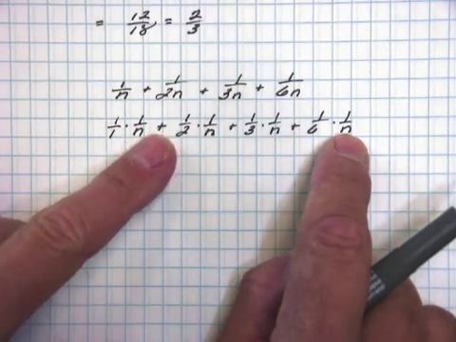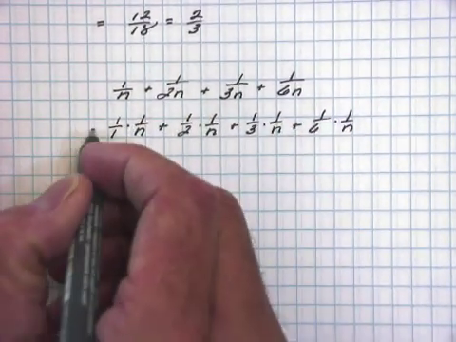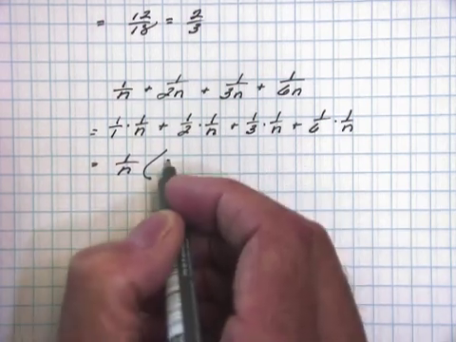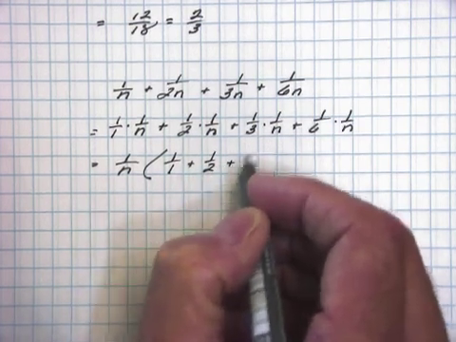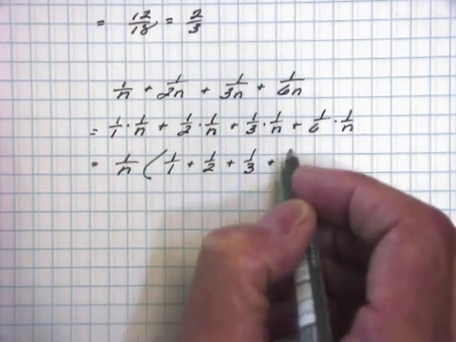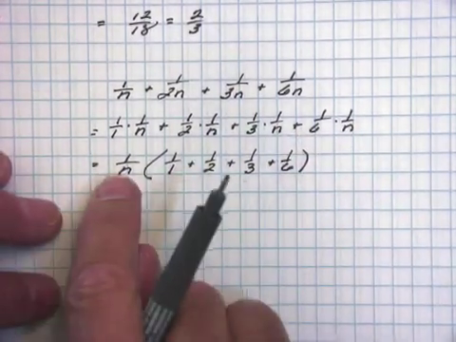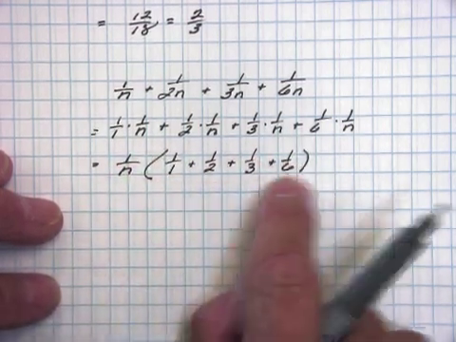Notice that what's common in each one of these terms, the terms are separated by the addition sign, is 1 over n. So I'm going to do what's called factoring that out. I'm going to pull that out, and I've got 1 over n times, what's left behind is 1 over 1 plus 1 over 2 plus 1 over 3 plus 1 over 6.